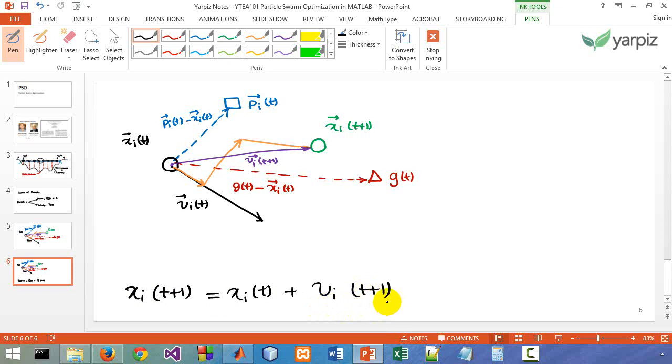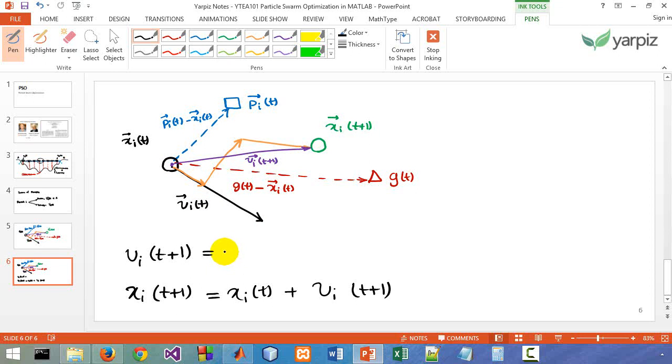However, vit plus 1 has its own update equation. vit plus 1 equals the sum of three components: parallel to the previous velocity, parallel to the vector connecting xi to pi, and parallel to the vector connecting xi to gt.